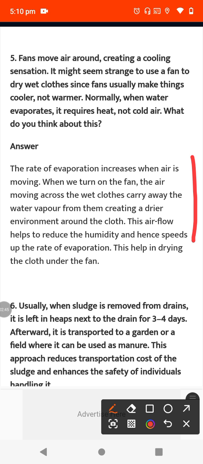When we turn on the fan, the air moving across the wet cloth carries away the water vapor from them, creating a drier environment around the cloth. This airflow helps to reduce the humidity and hence speeds up the rate of evaporation. This helps in drying the cloth under the fan.